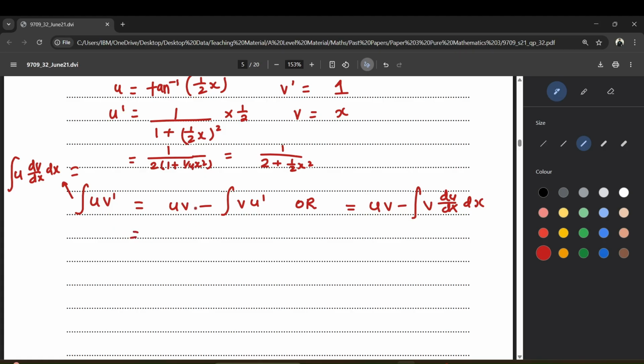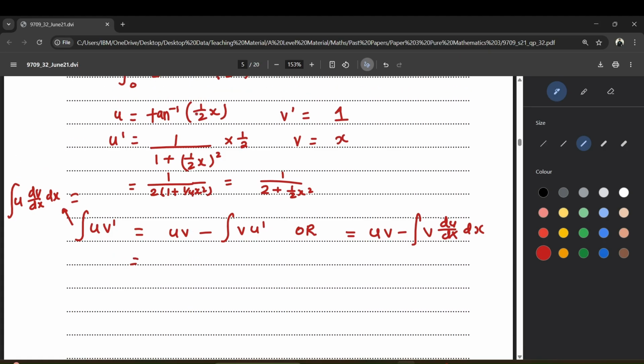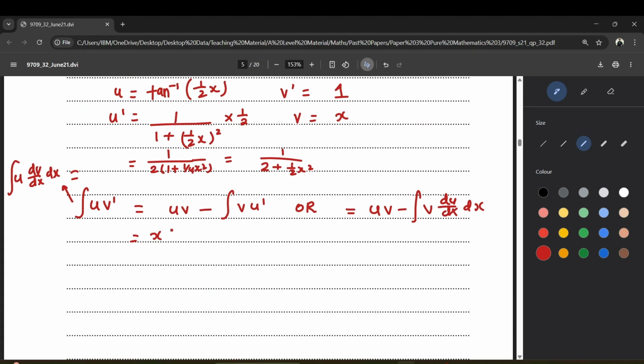All right, so uv will be tan inverse of half x multiplied by x. So we can say x times tan inverse of half x minus the integral of v u dash. So that is x multiplied by this entire whole thing, right?